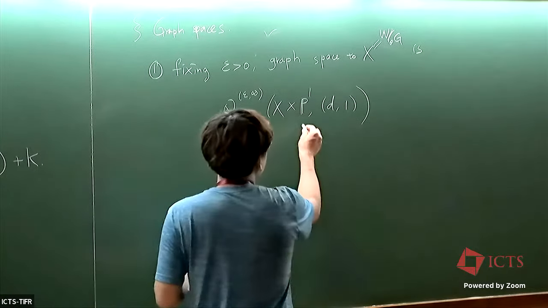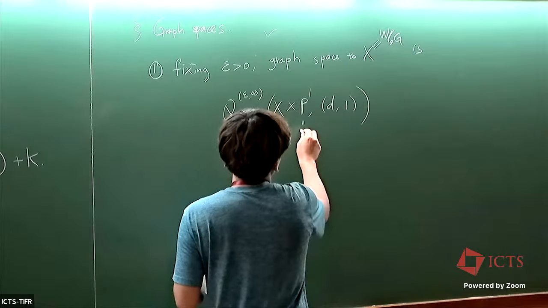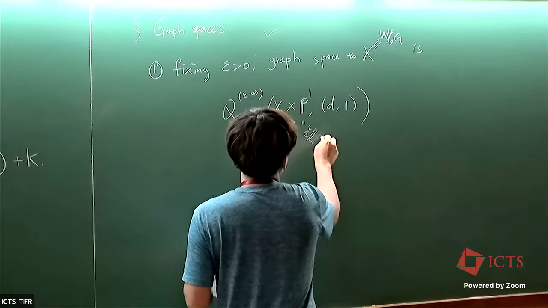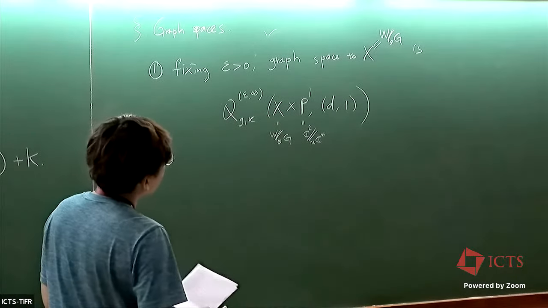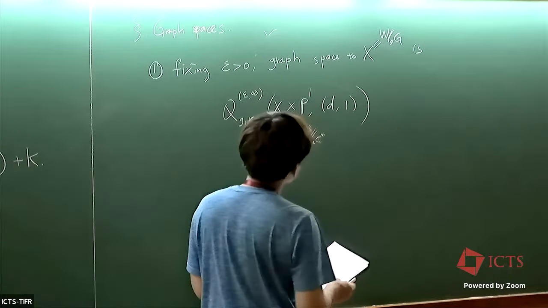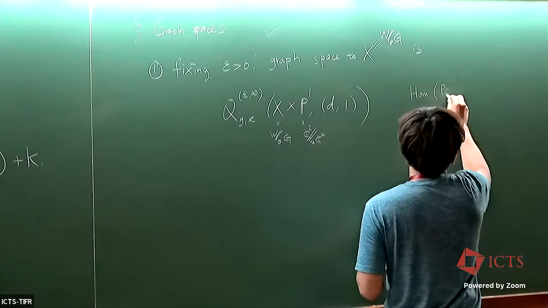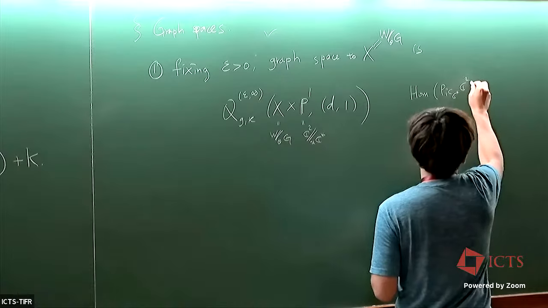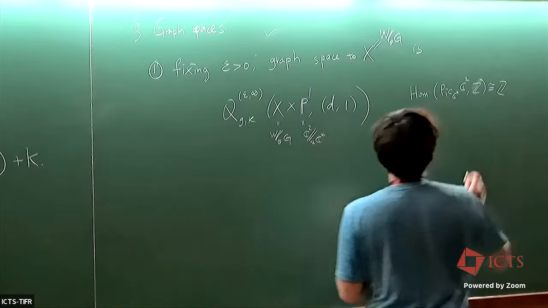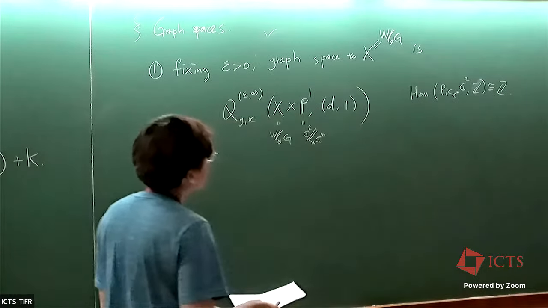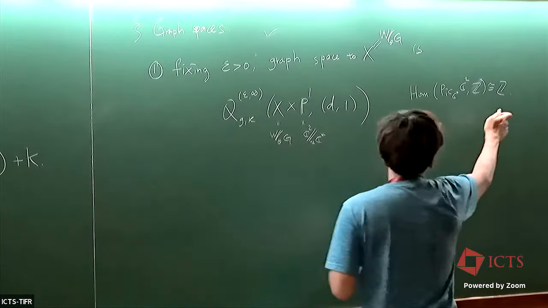Here we have this GIT description and this canonical description, the ID or 1. Because in this case, the equivariant Picard group just makes sense of degree, or maybe in this case it is even isomorphic to the second homology of P1.